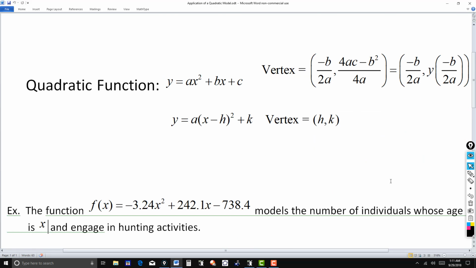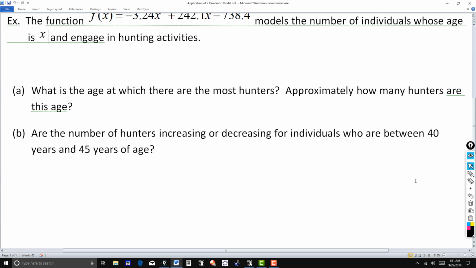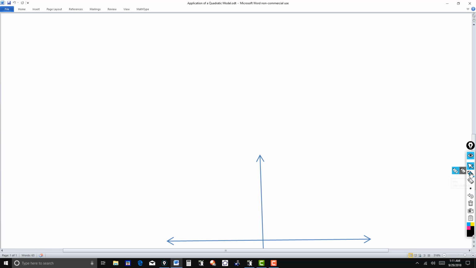So typically, parabolas are either going to open upward, and if they do, then the lowest point right here is going to be the vertex, which we'll label as (h, k). And the parabola will open upward if the coefficient of the squared term, in the formulas above it's a, is positive.